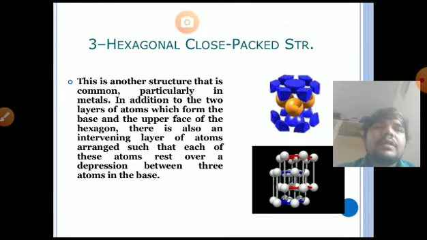Next one is the hexagonal close packed structure. This is another structure common in metals. In addition to the layer of atoms which form the base and the upper face of the hexagon, there is also an intervening layer of atoms arranged such that each of these atoms lies between the atoms in the base.